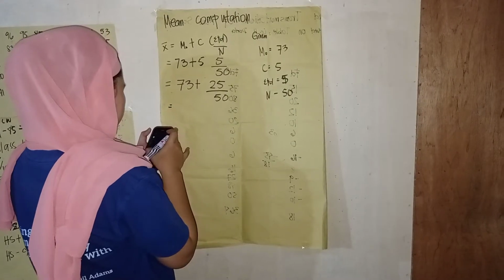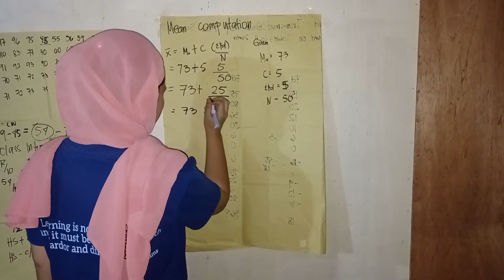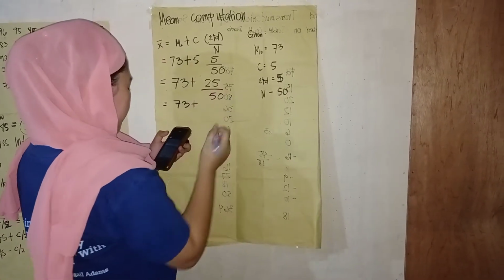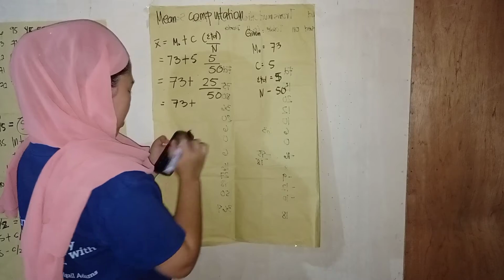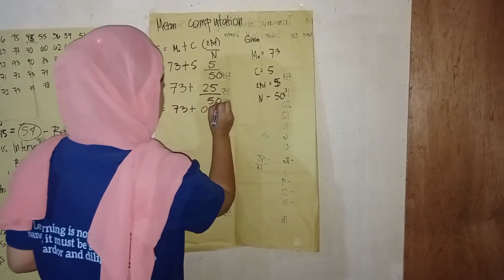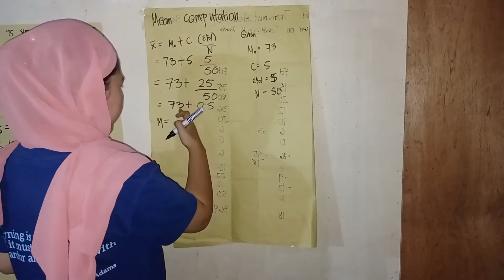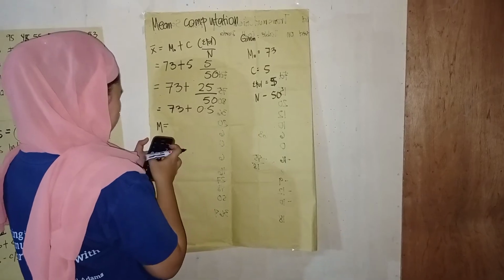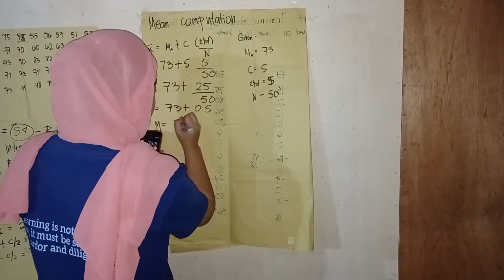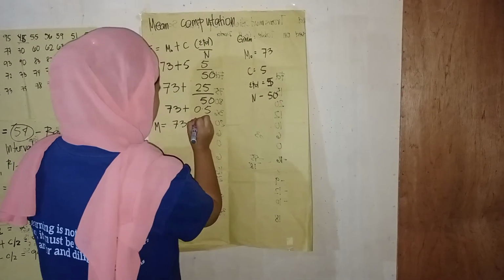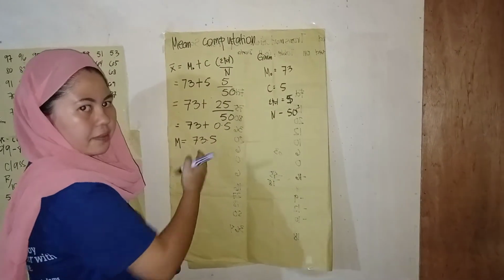That is 73 plus 25 divided by 50 equals 0.5. So to get the mean computation, we add 73 plus 0.5 equals 73.5. So our mean computation is 73.5.